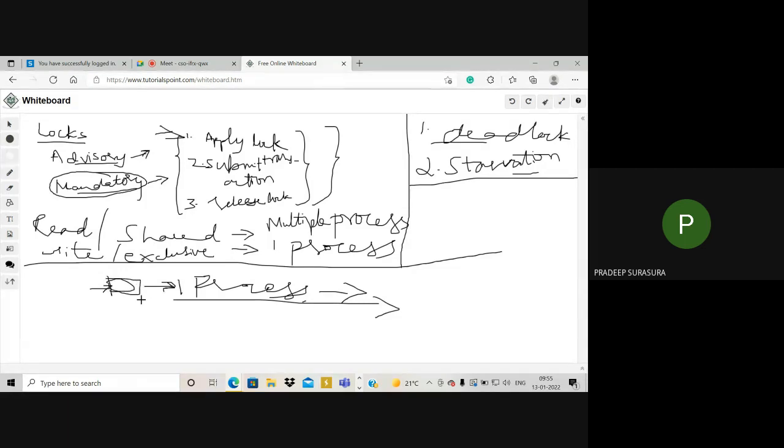That block has a lock applied by some other process, and one process is waiting to work on this block. But since this block is locked, the other process is waiting for the lock to be released. Once the lock is released by the first process, the other process can access this particular block.